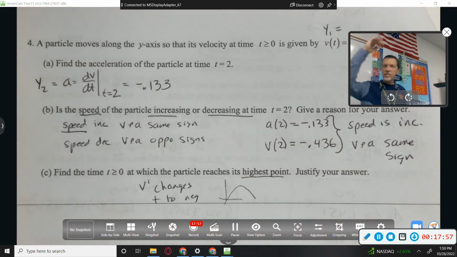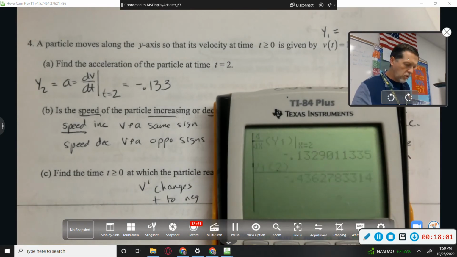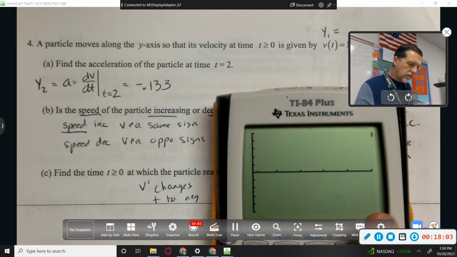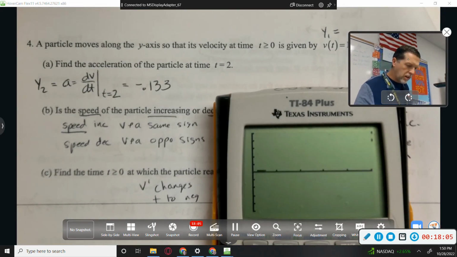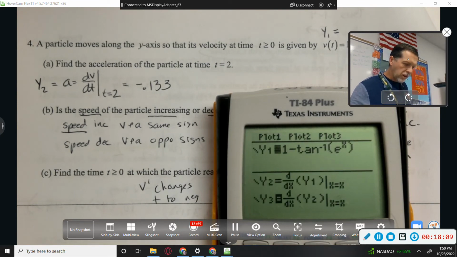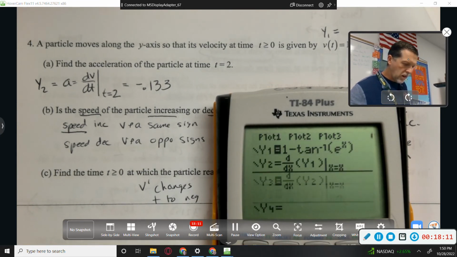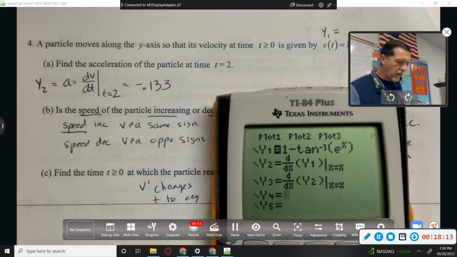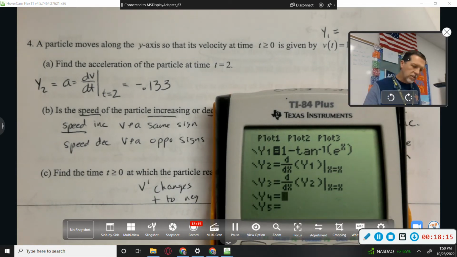Yeah, where the velocity changes from positive to negative. So velocity was my y1. Make sure I'm looking at velocity here. Don't really want to see the other stuff. So let's look at velocity.